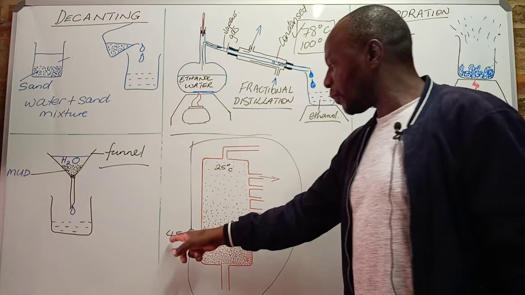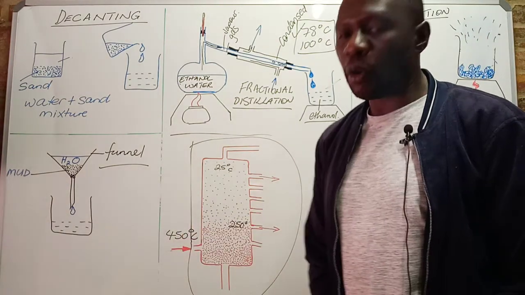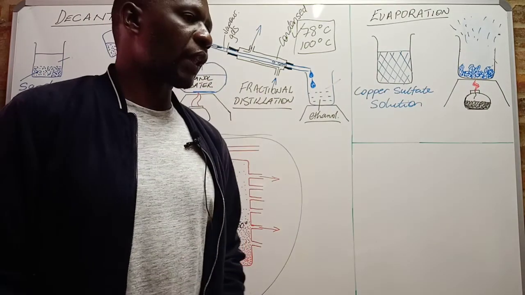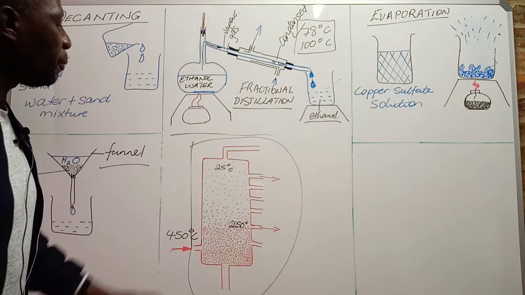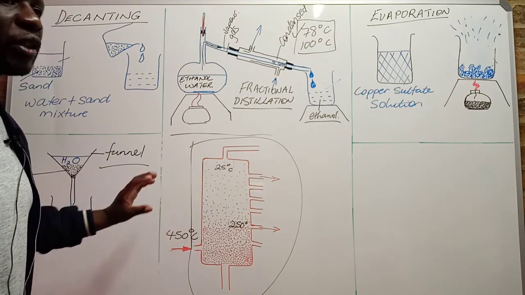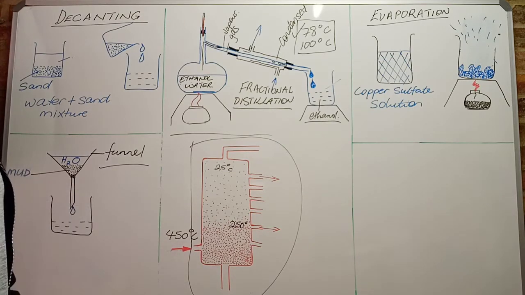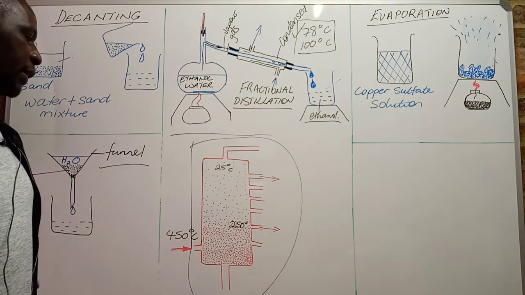At 450 degrees Celsius, the crude oil will be in the form of gas. In this fractionating column, temperatures are lowered. In other words, this fractionating column is a cooling system which gradually lowers temperatures.